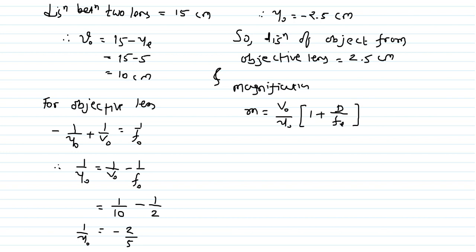Okay, that is what, 10 upon 2.5 times (1 plus 25 upon 6.25), right. So when you solve this, then your answer will be 20. So for this case the magnification is 20.